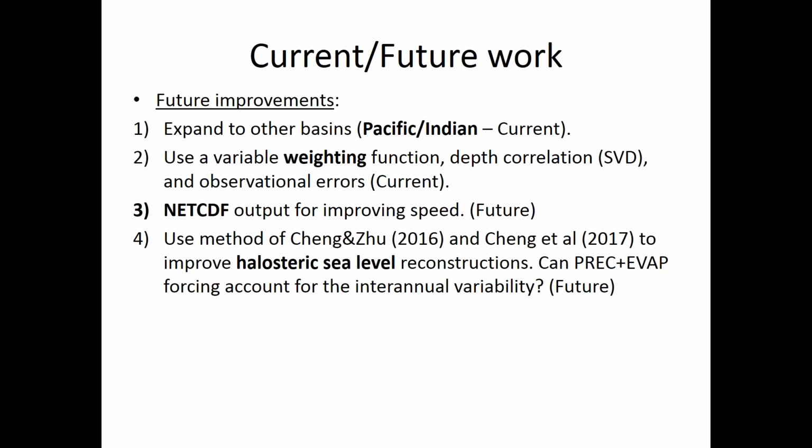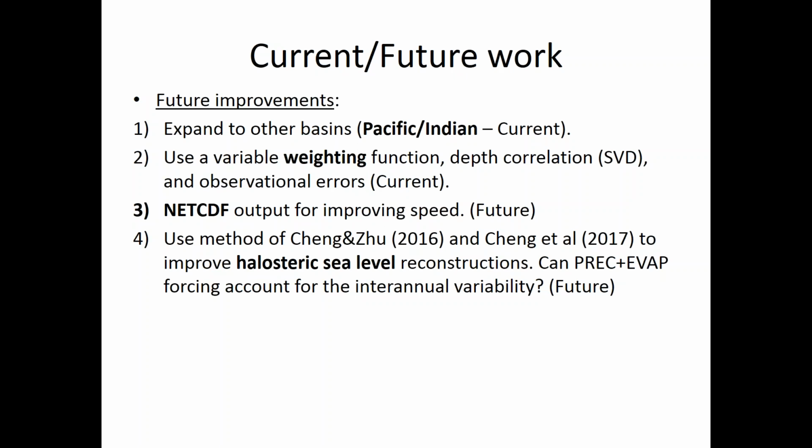And one thing that I've been talking to Lijin Cheng in China about, he's been very interested in using this to calculate the halosteric sea level changes since 1960. And as I said, the mapping is really important for this, and we could use this method as at least a first approximation for the salinity, and it would improve the halosteric contribution for sea level.